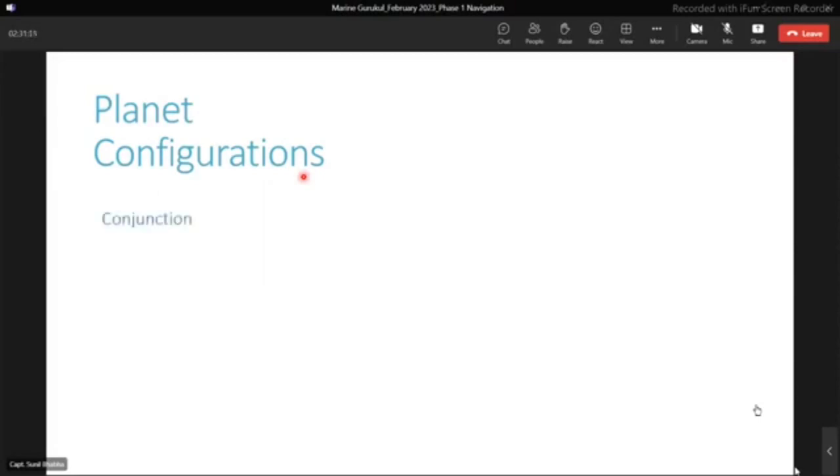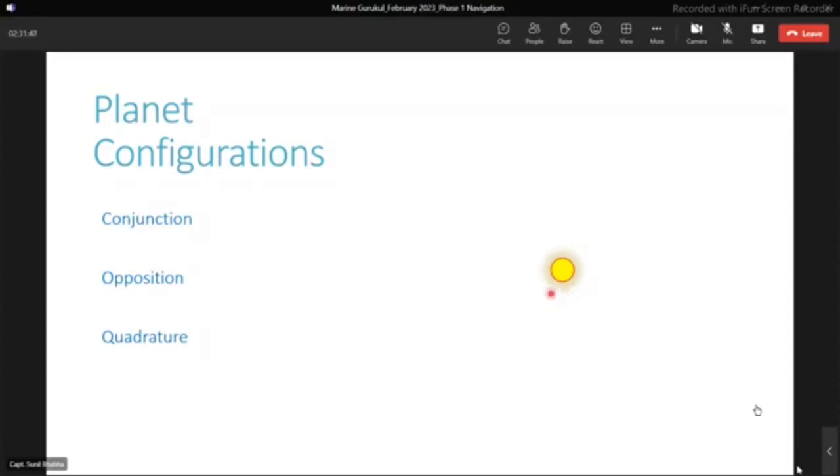The terms used to represent planet configurations are number 1 conjunction, number 2 opposition, and number 3 quadrature. They basically tell us about the position of a planet with respect to the sun. Let us now understand all these three configurations with the help of a diagram.